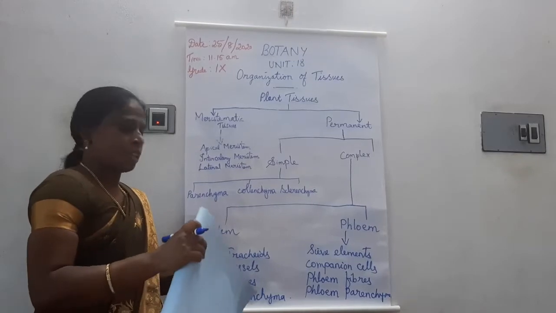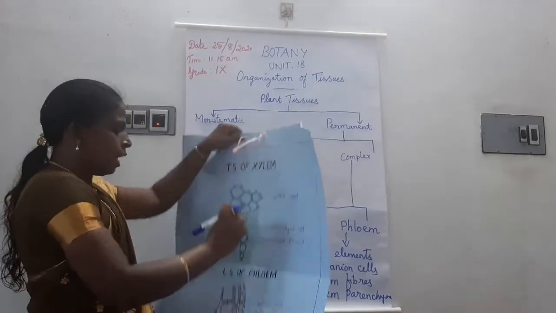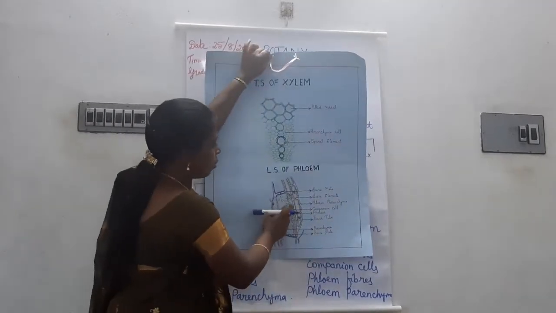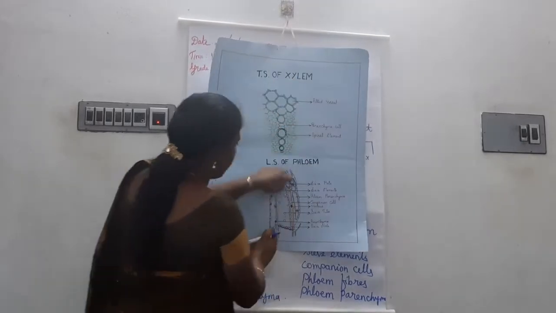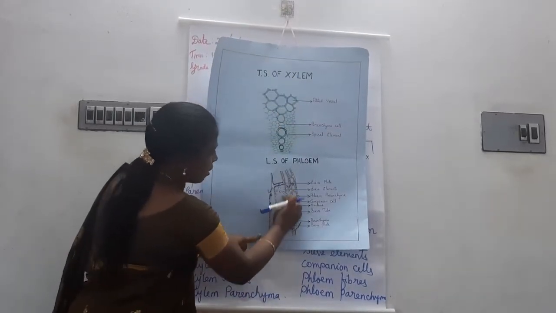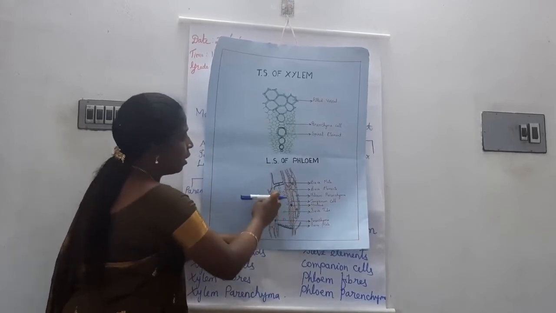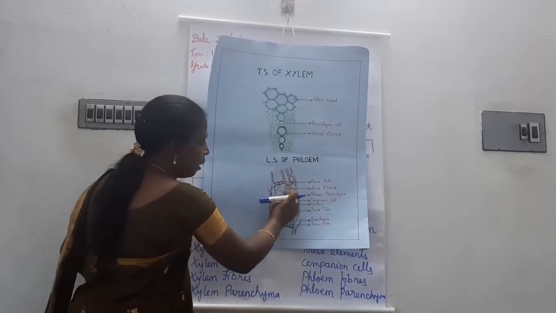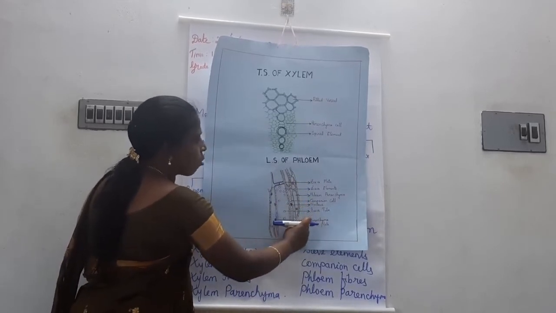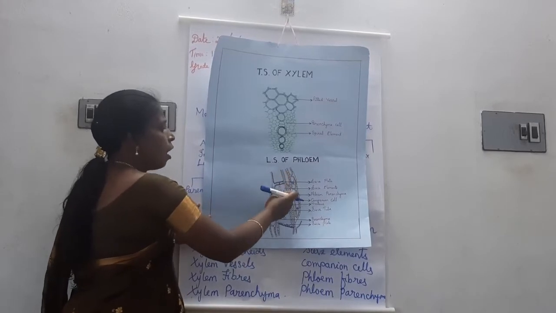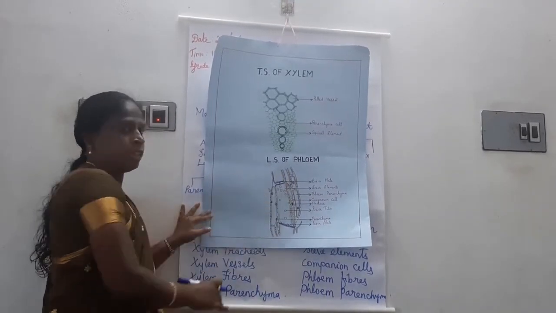These companion cells are elongated cells located at the lateral side of the sieve elements. This is the sieve element, and at the lateral side the companion cells are present. Along the length of these sieve elements, the companion cells also accompany and work together with them.